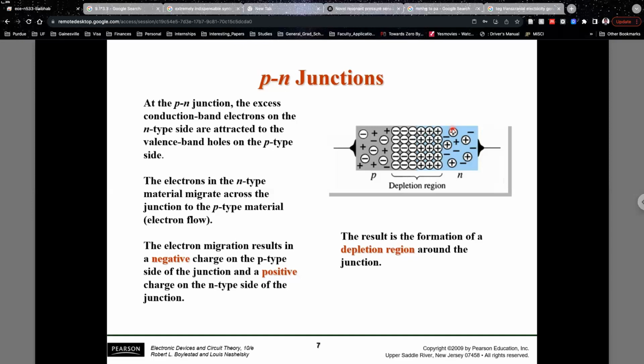So in this case, what we are showing is the traveling holes and the overall atom that becomes negative. As soon as you talk about holes outside the atomic structure, the atom itself becomes negative. Similarly, as soon as an electron comes out of the atomic structure and starts to travel, the atom becomes positive.